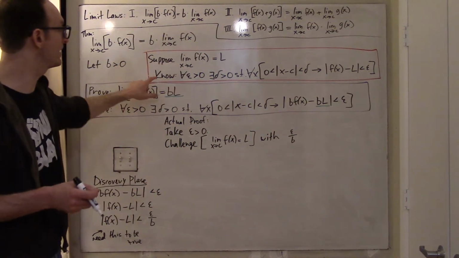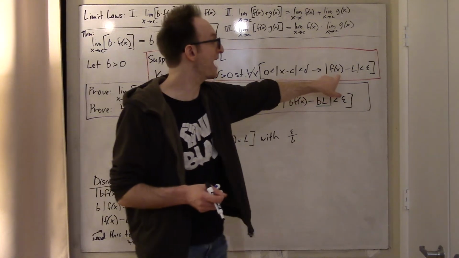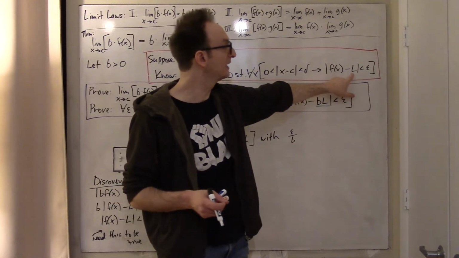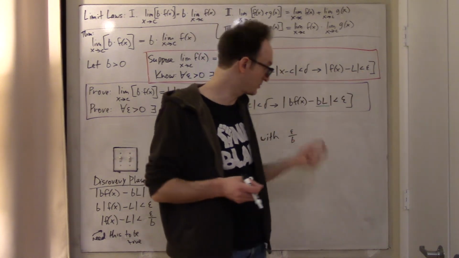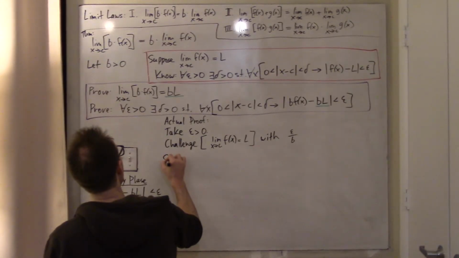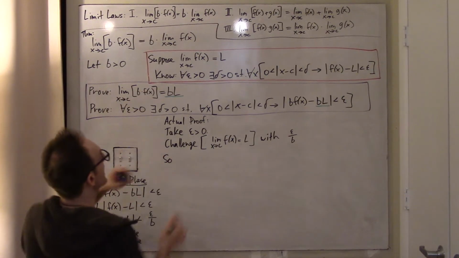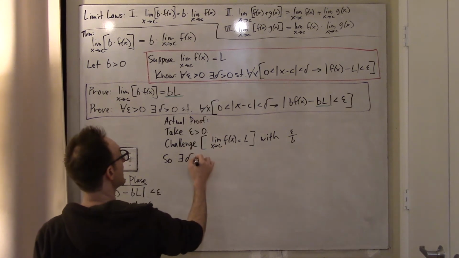And now I'm reaching for the fact that I already know, which is that I can make the gap between f and L as small as I want. Well, I choose to make it smaller than epsilon over b. Maybe I'll write it out like this: there exists a delta greater than 0.